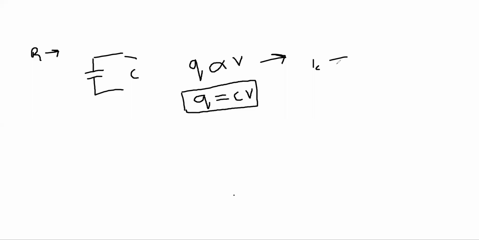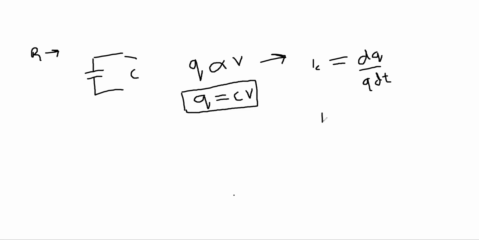Any current flowing through a conductor is nothing but the rate of change of charge with respect to time, dq by dt. It's difficult to write on this board. So this is dq by dt.